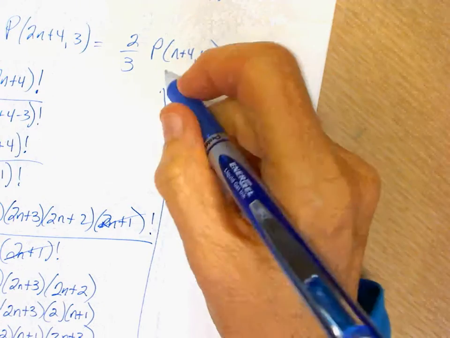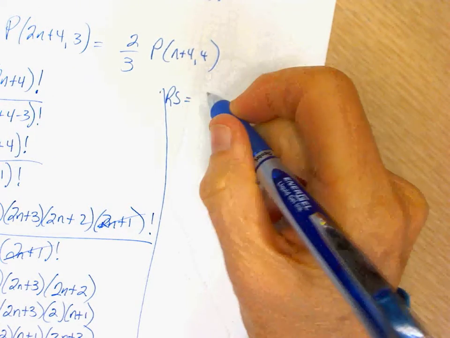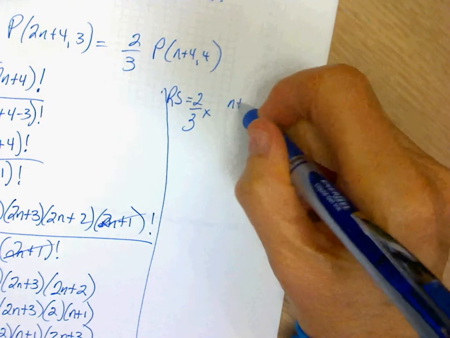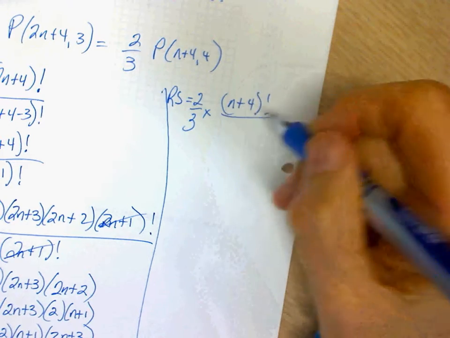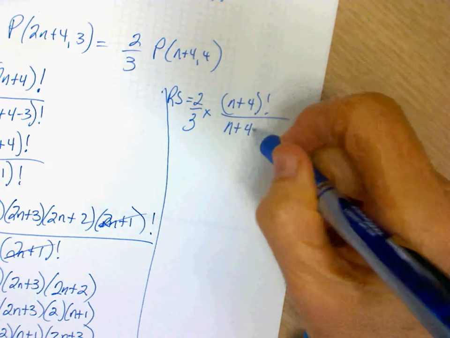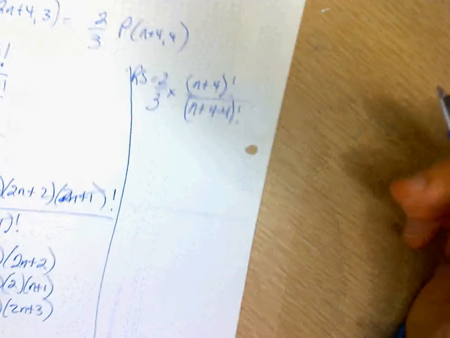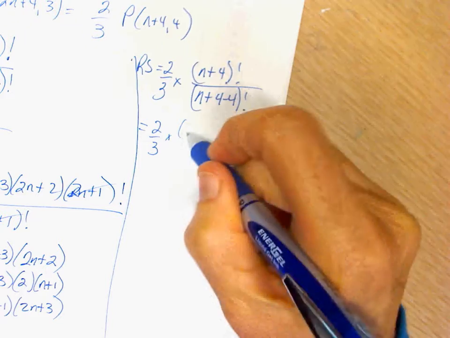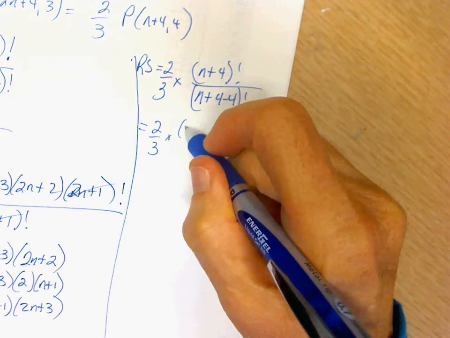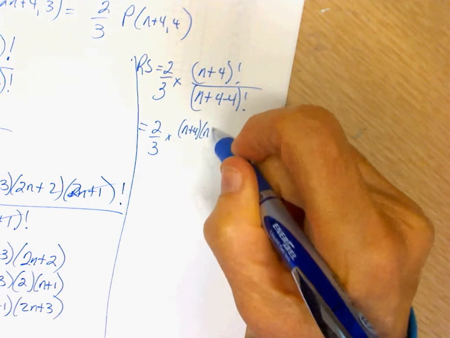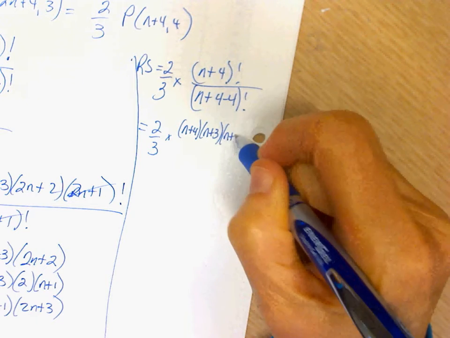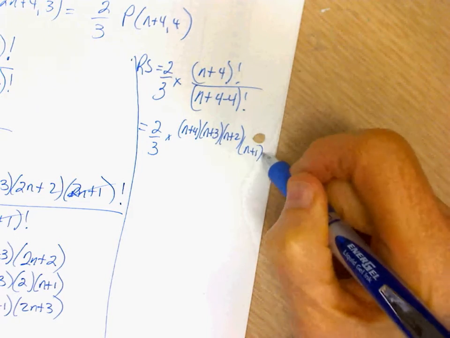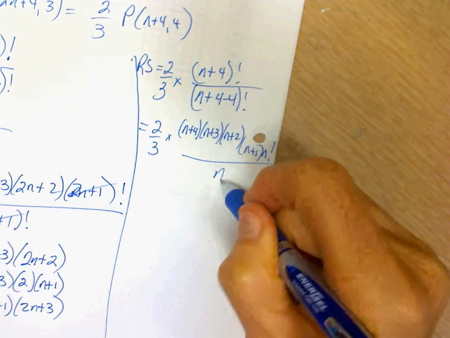Let's do the right side. Okay, so we have 2/3. Don't forget that 2/3. We're going to go n plus 4 factorial all over n plus 4 minus 4 factorial, which is equivalent to n factorial. So that's 2 over 3 times, I'm going to bring this down to the denominator, n plus 4, n plus 3, n plus 2, n plus 1, n factorial over n factorial, and that divides out.